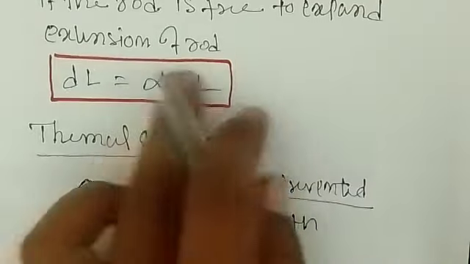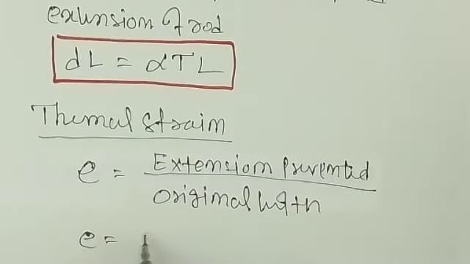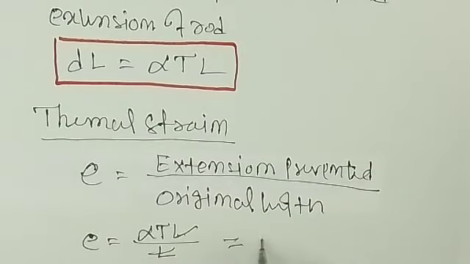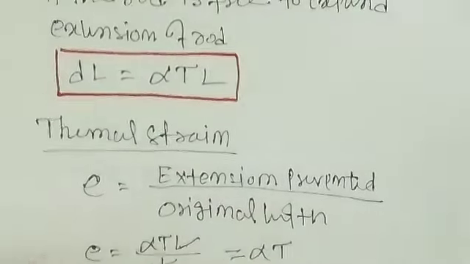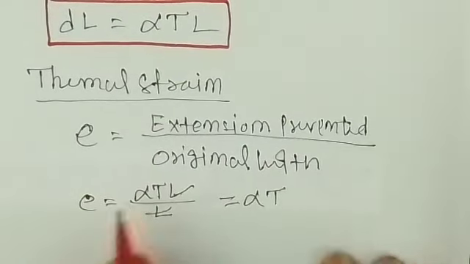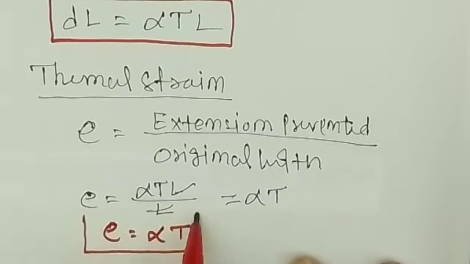The extension prevented is nothing but the extension of the rod, that is alpha T L. So epsilon is equal to alpha T L by L. The L will get cancelled, so the thermal strain is nothing but alpha into T, the product of the coefficient of linear expansion and the temperature rise. This is the formula we got for thermal strain.